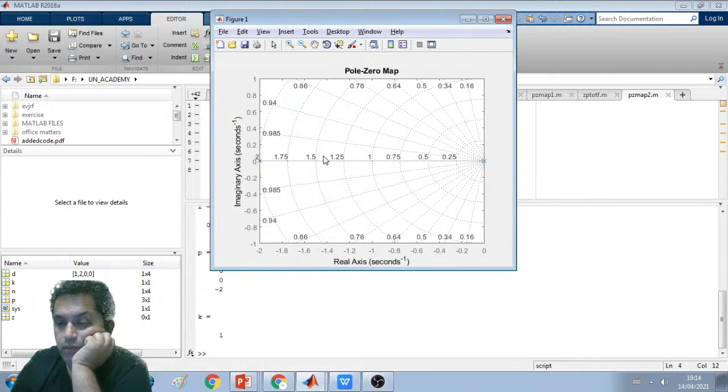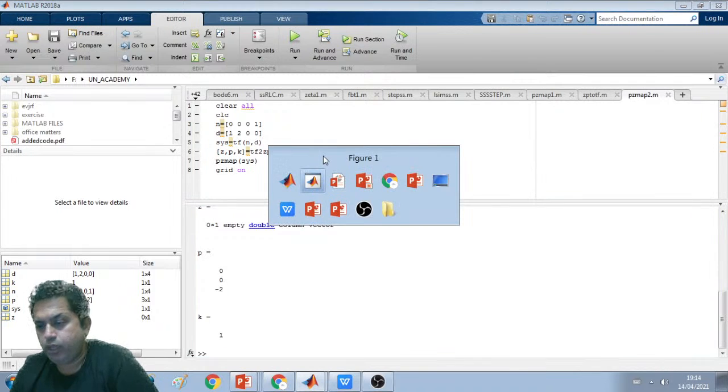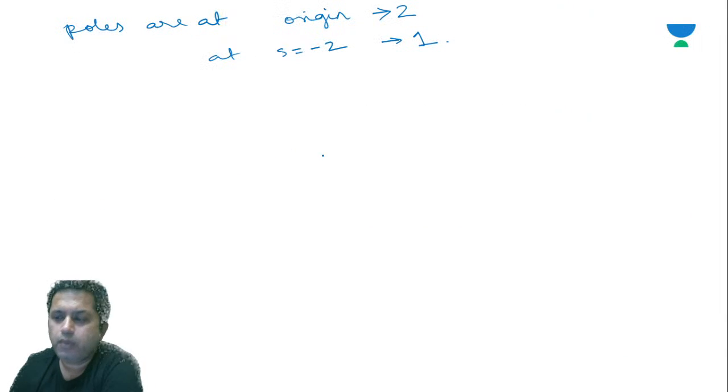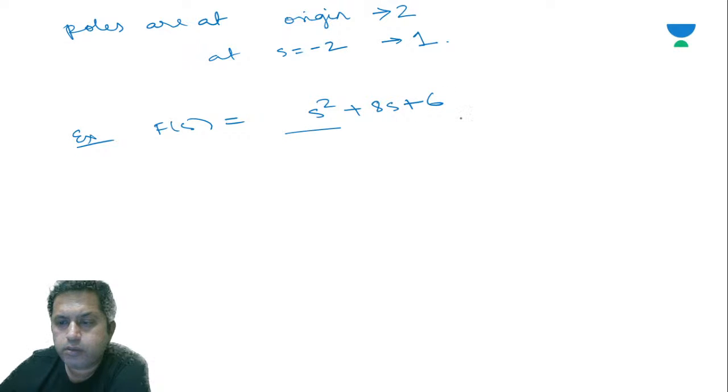Let us solve one more example. F(s) is equal to s square plus 8s plus 6 divided by s cube plus 2s square plus 3s plus 4.